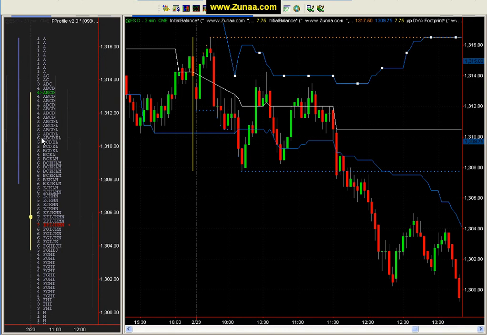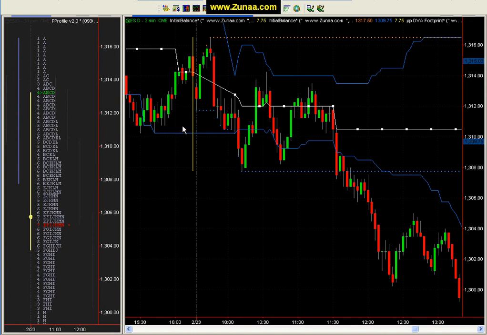So we can see that we started in the beginning to create a little bit of a profile here with D period, which was around this area here. And when we just look at the chart, we can see that the initial balance occurred. We try to move up above yesterday's point of control. We quickly pushed back below it, and this white line would be the point of control.